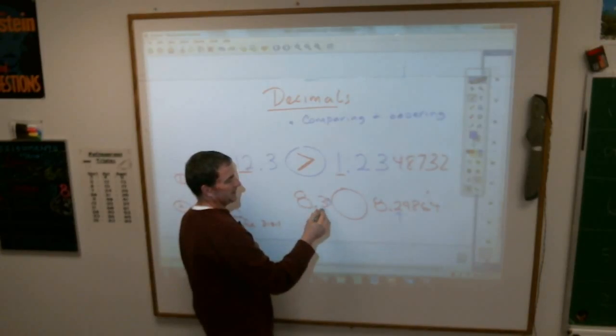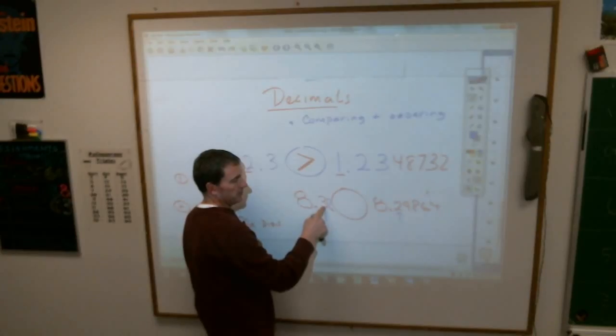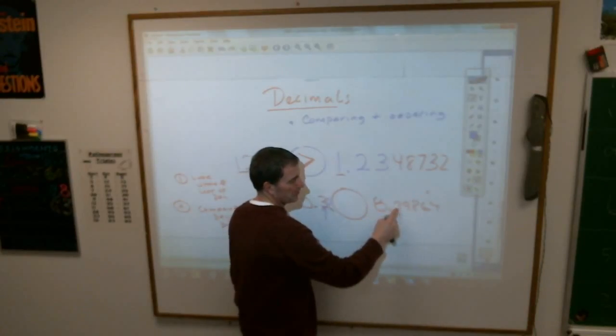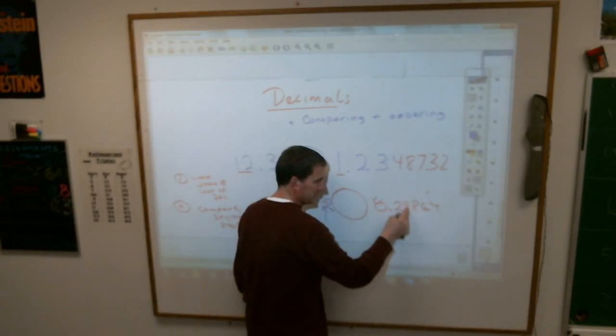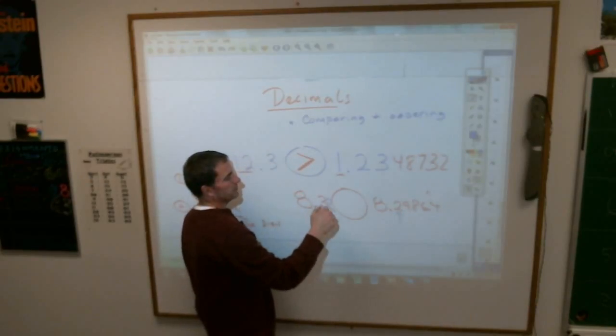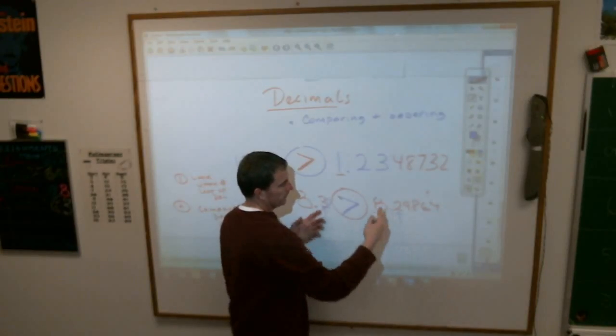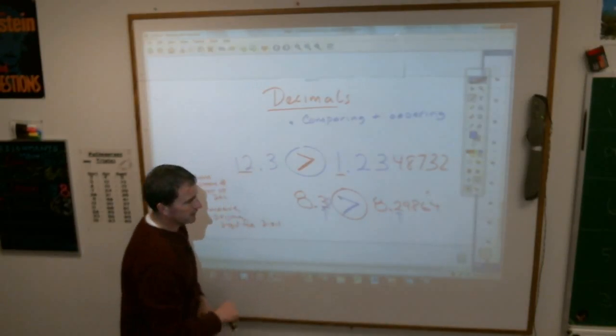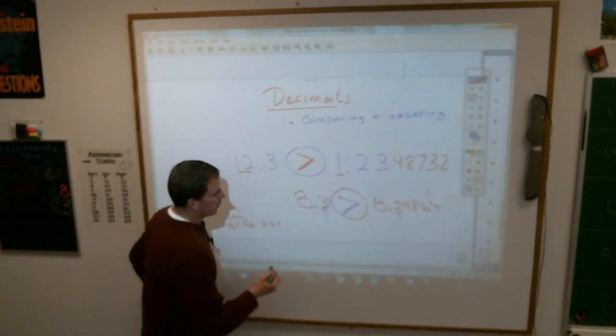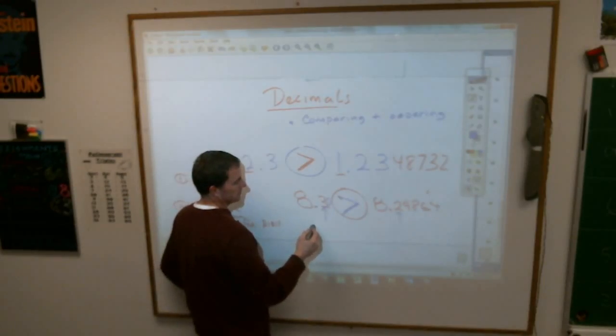This is like having $8.30, 3 dimes. This is $8, 2 dimes, and 9 pennies. This is always going to be bigger. You go whatever digits in the tenths place, and if they were the same, then you keep going until you find a difference there.